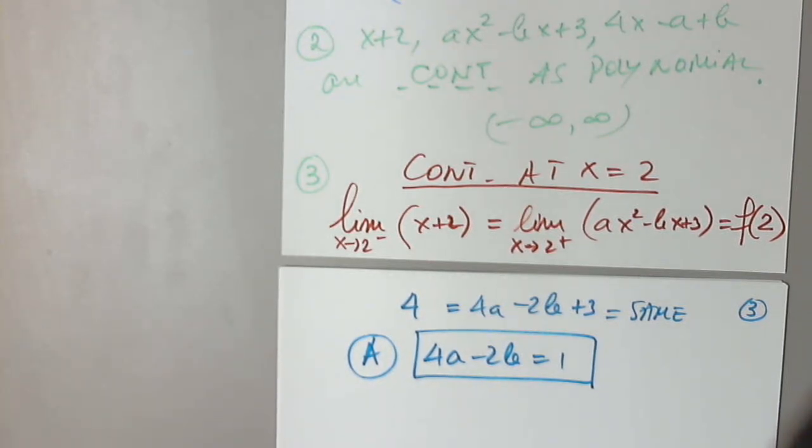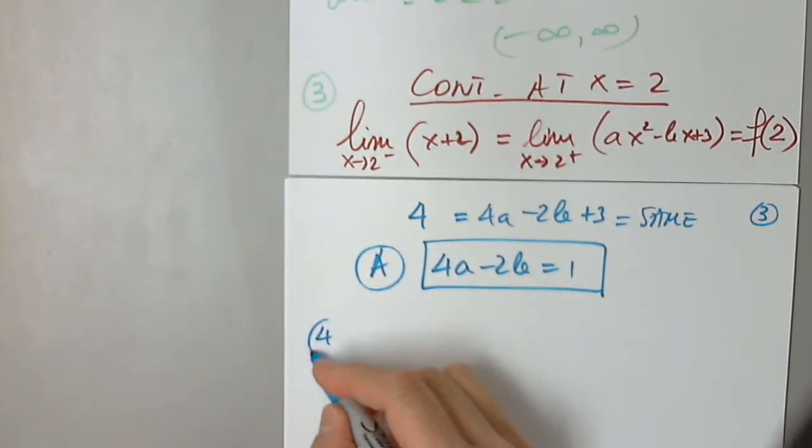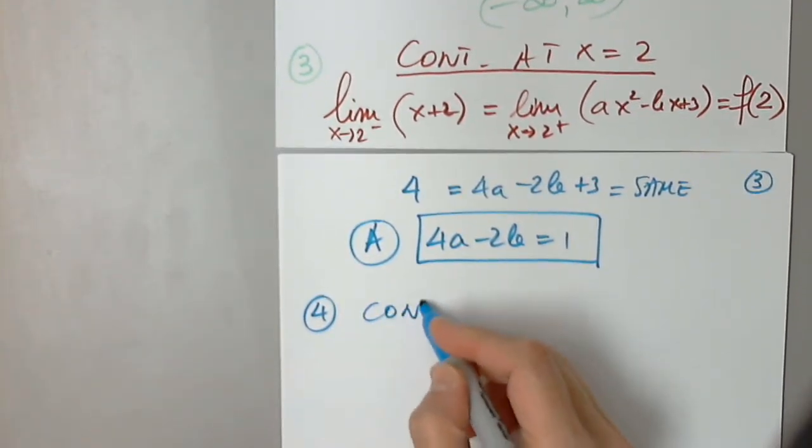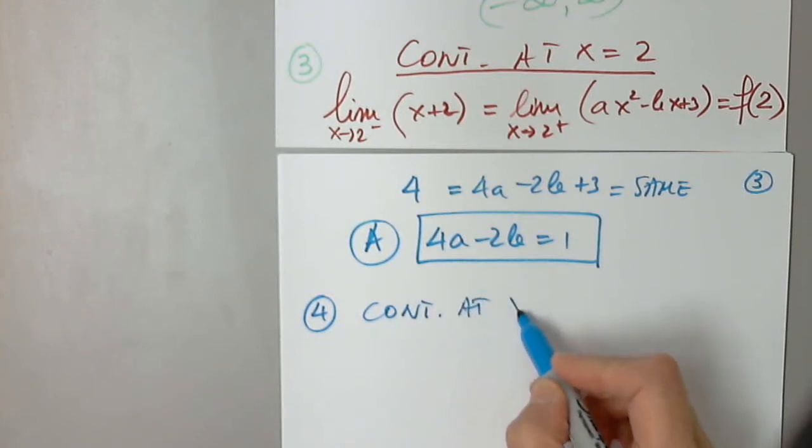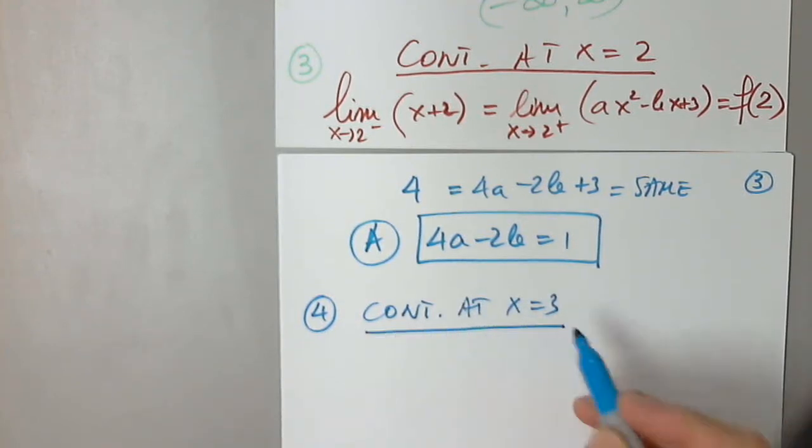Now here's a question for you. Is this sufficient to solve for a and b? I have 2 variables, 2 unknowns. How many equations I need? 2. Good. So as we discussed, I have to continue with item number 4, continuity at x equals 3.